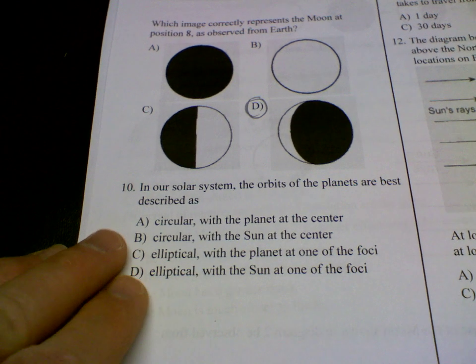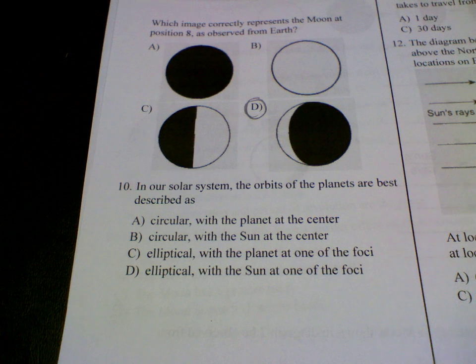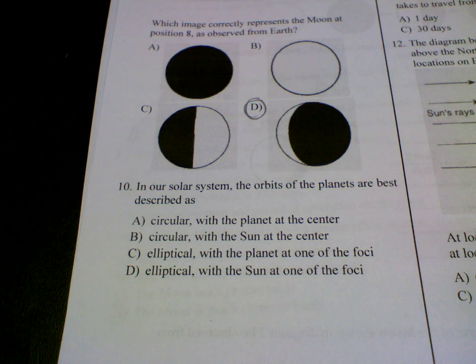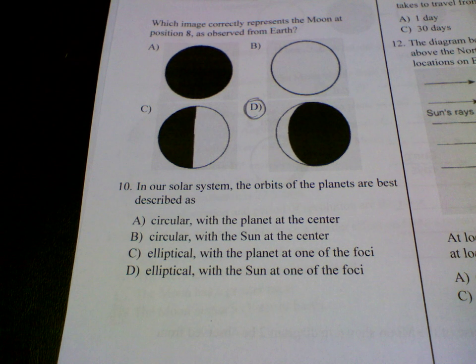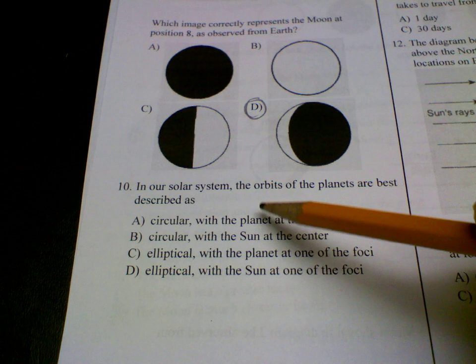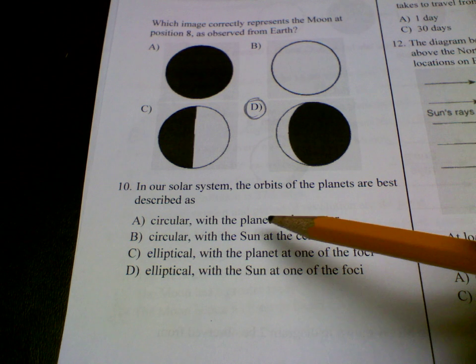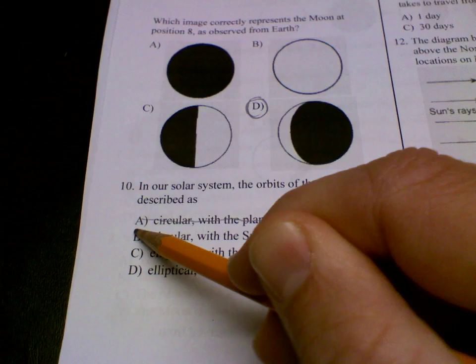In our solar system, this is another question I noticed a lot of people were getting mixed up. The orbits of the planets are best described as, if you remember Kepler's first law, which is on the test, you'll see that detailed list of what you should know for the test in my post today, but this is definitely one of them, Kepler's first law. Well, remember we said they're not perfectly circular, so it's not that.